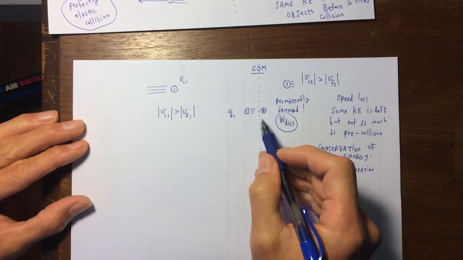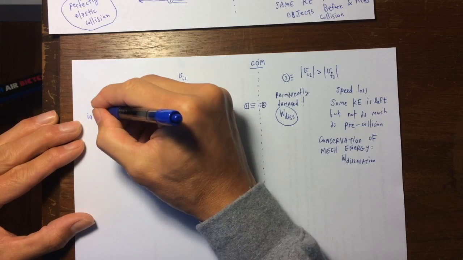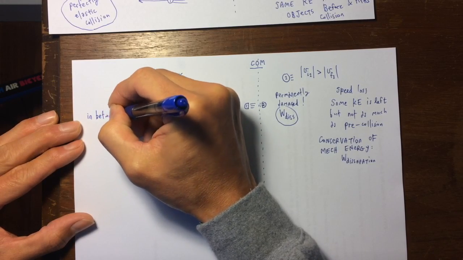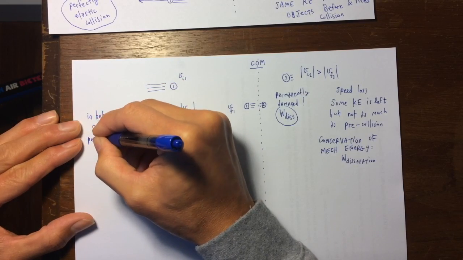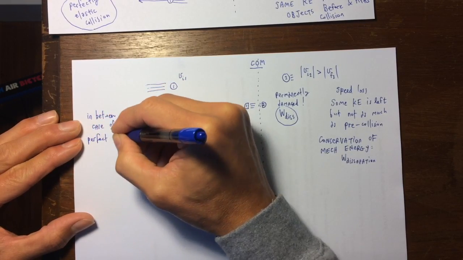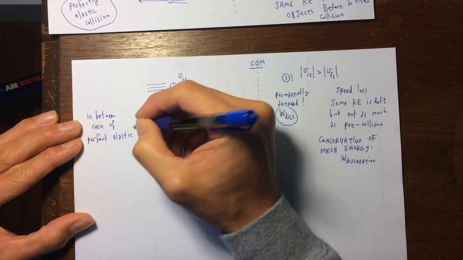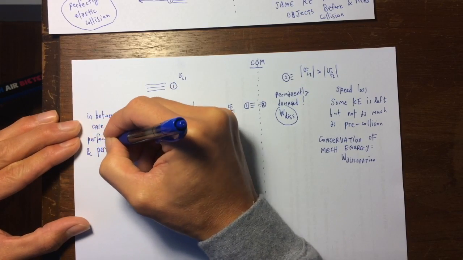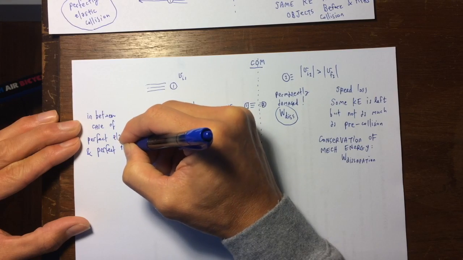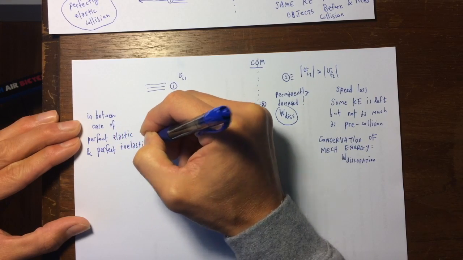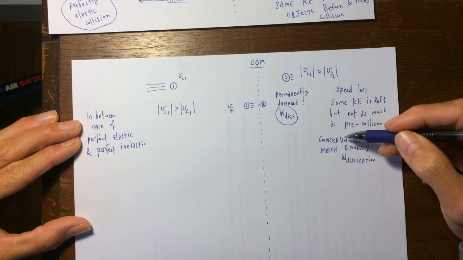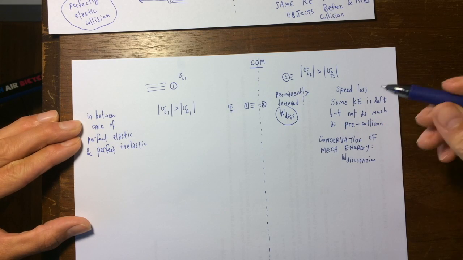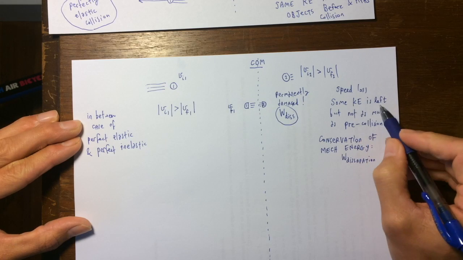So this here is an in-between case of perfect elastic and perfect inelastic. There is somewhat of a loss of kinetic energy, but there is kinetic energy left.